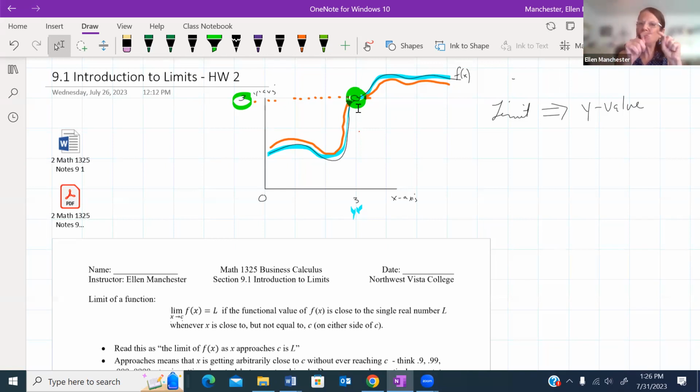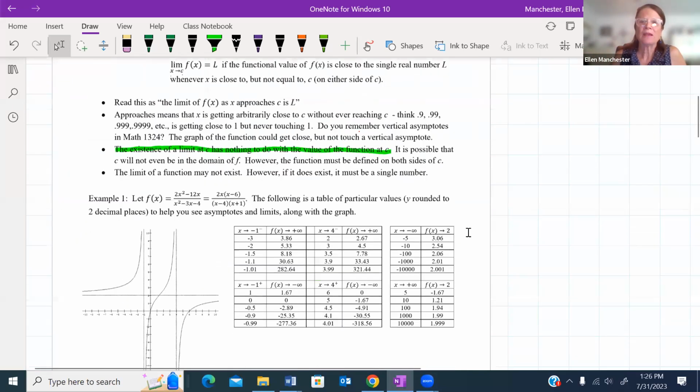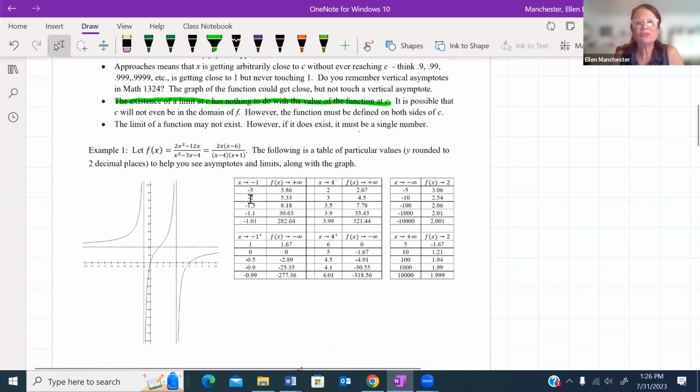You're going to see me use my fingers a lot, because every time my fingers come together, the limit exists there. If my fingers do not come together, they come to two different places, now there is no limit. The limit does not exist, and I'll show you some examples of those. This is just a graph of this f of x function, showing asymptotes.